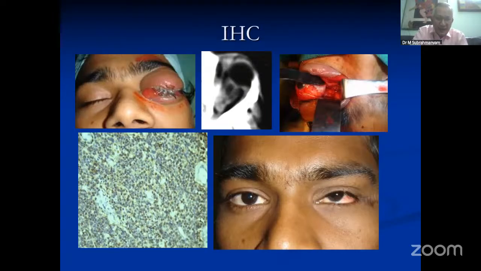This patient came with severe pain, proptosis, and a history of tuberculosis, for which he did not take proper treatment.